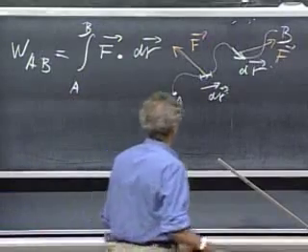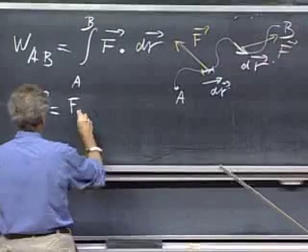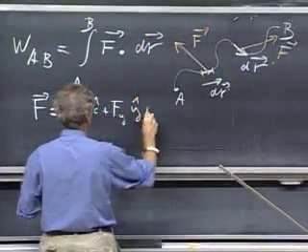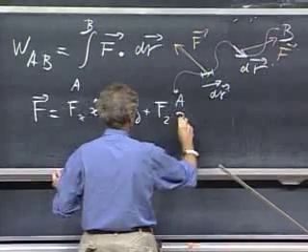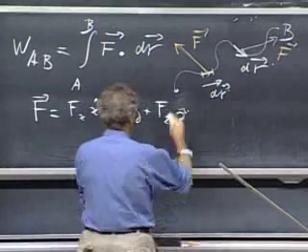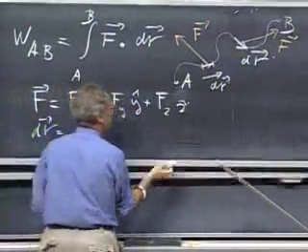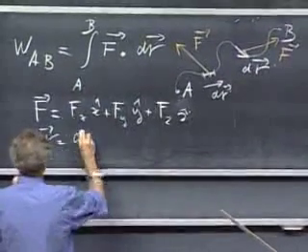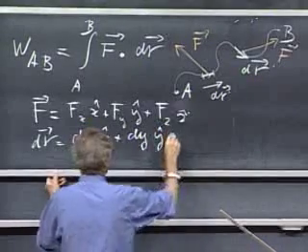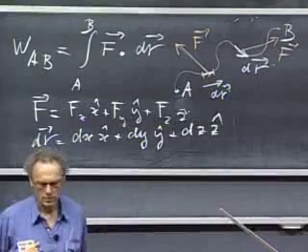So let the force be F_x x-hat plus F_y y-hat plus F_z z-hat. And let dr, the general notation for vector dr, equal dx x-hat plus dy y-hat plus dz z-hat. Cannot be any more general.